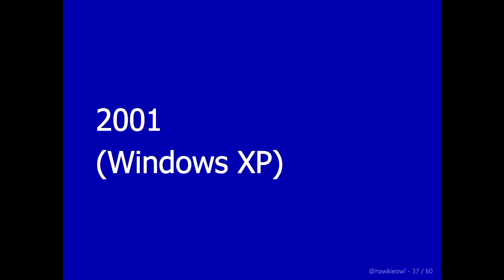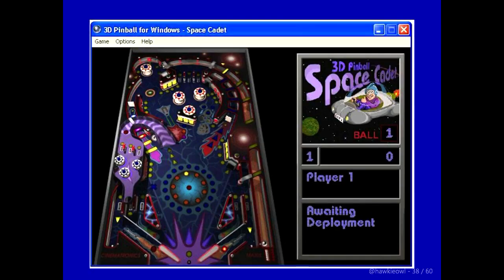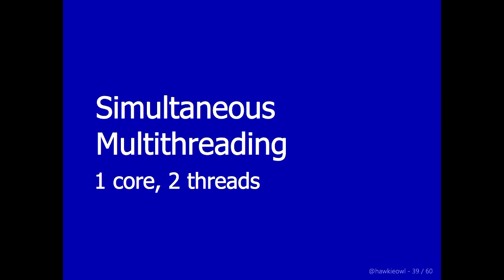Windows XP was one of the first consumer operating systems where we could start taking advantage of parallelism. Simultaneous multithreading, marketed as hyperthreading by Intel, is a way of providing parallelism without having two true cores.